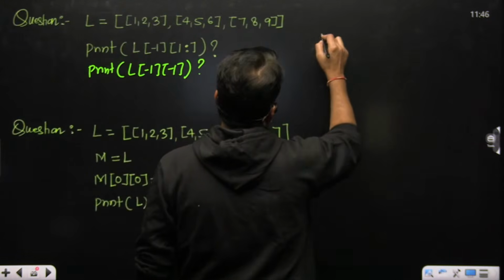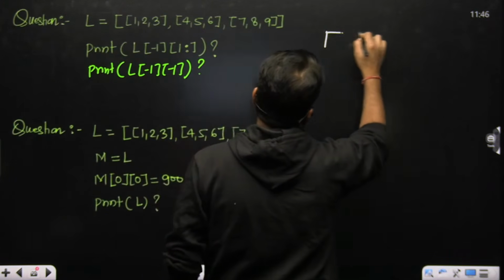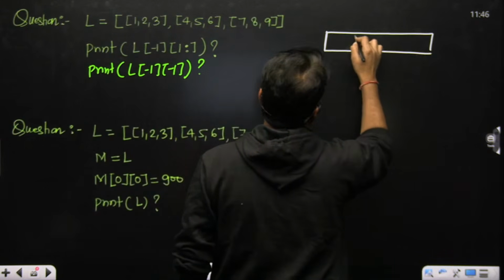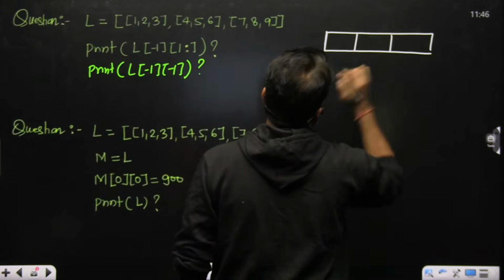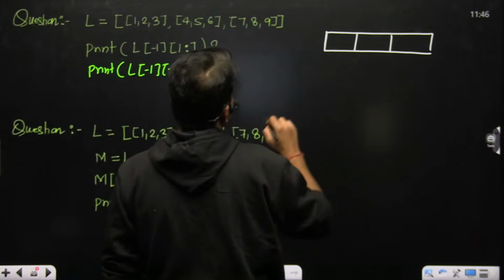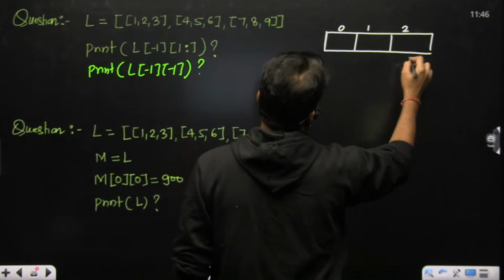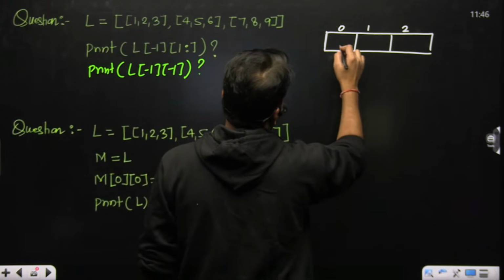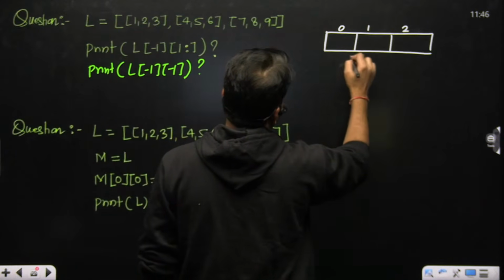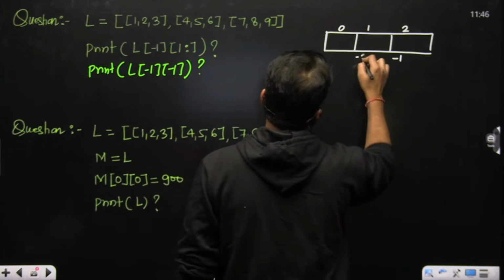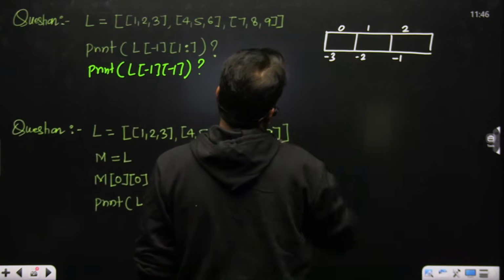What is the representation of this nested list, student? Just look here. These are the negative index.